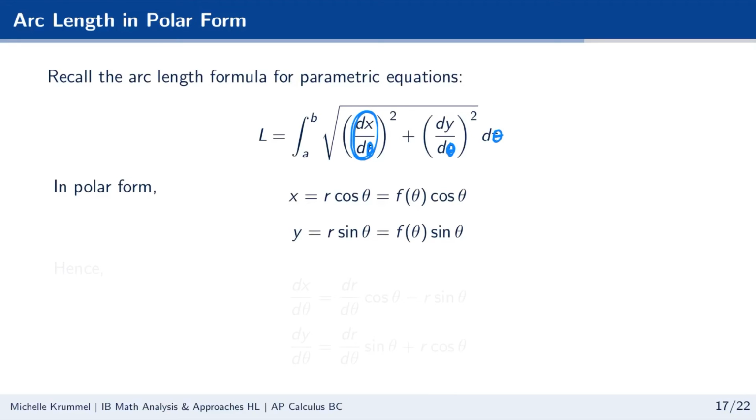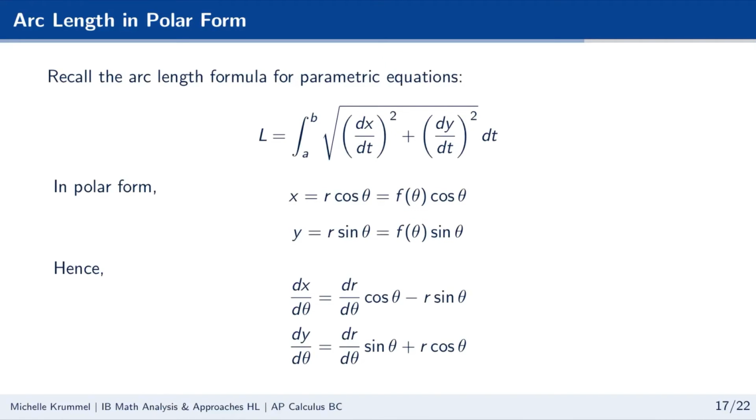To find dx/dθ, we are going to use the product rule here on f(θ) cosine θ. And to find dy/dθ, we will use the product rule here on f(θ) sine θ. Here are those derivatives, and instead of writing f prime of θ, we're just writing dr/dθ, so switching back to Leibniz notation here.